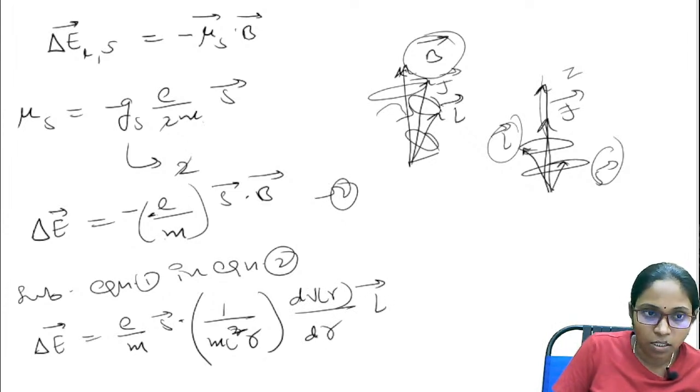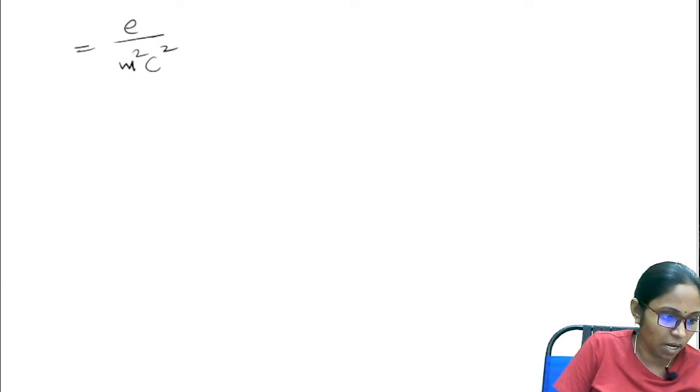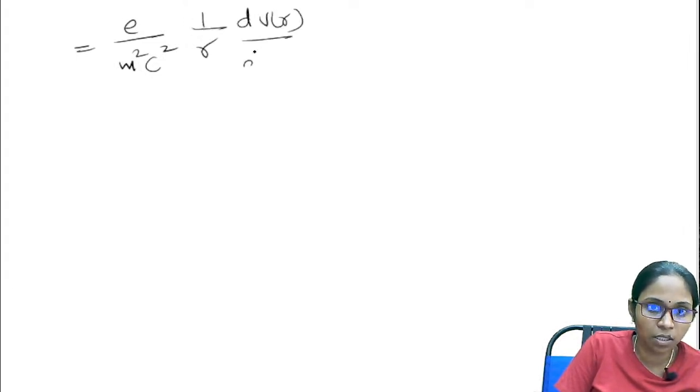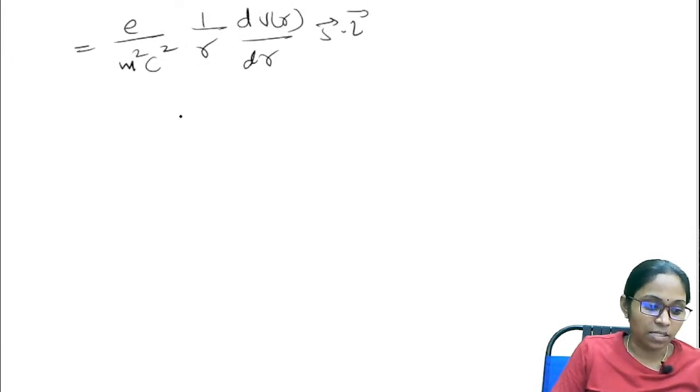Now write, this will be equal to e by m square c square into 1 by r dV over r by dr S bar dot L bar.